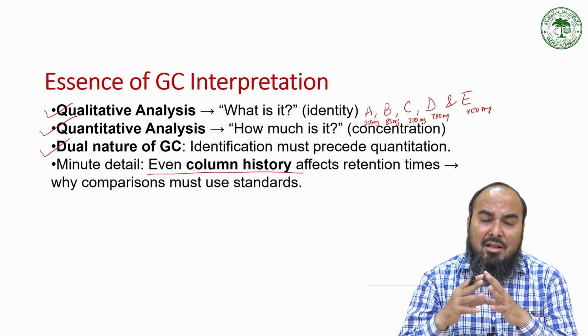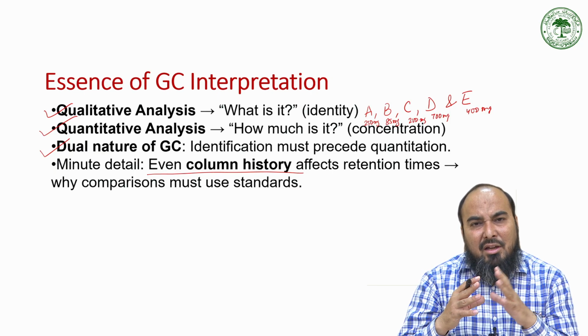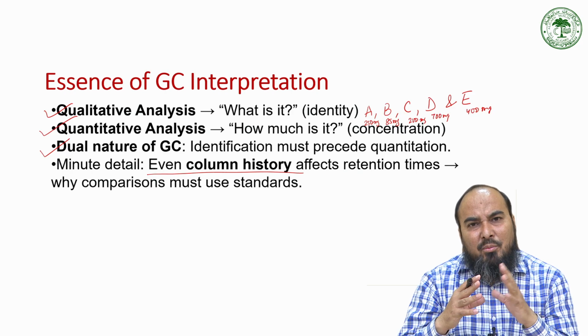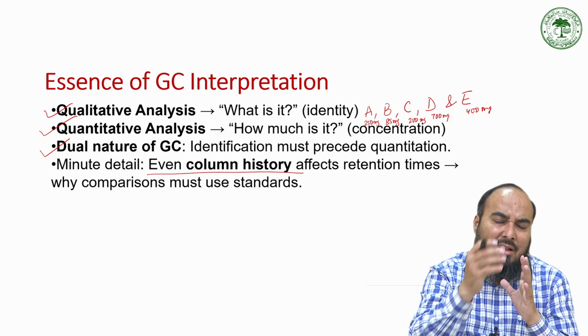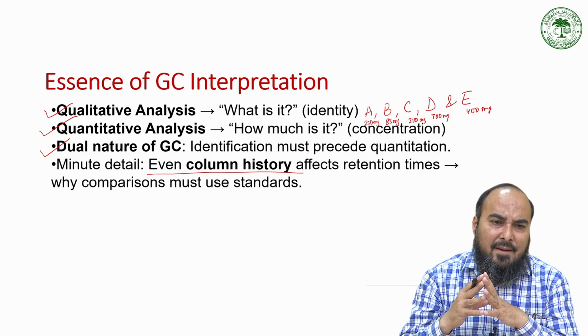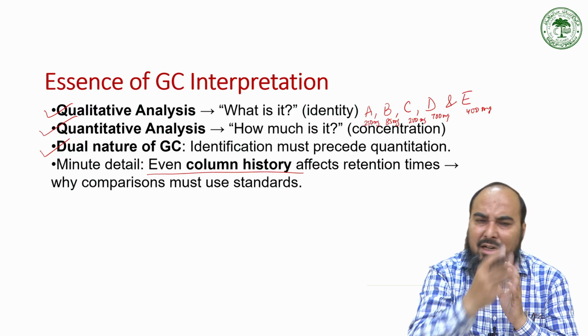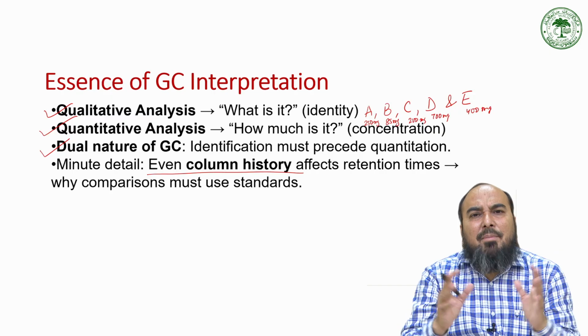There are chances that some of the earlier samples might have been retained with the stationary phase on the basis of polarity. For example, if you were using a non-polar phase and there may be certain hydrocarbons, then there are chances that the early hydrocarbon may still be sticking with the stationary phase. And the moment you increase the temperature, that will come out. It will create a fuss in the whole separation process.